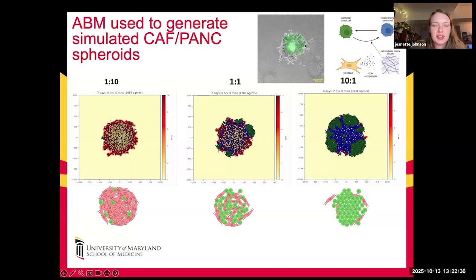It's a little hard to see here, but that's actually what's shown here too. The invading part of this spheroid is all green, no magenta, so there's no fibroblasts in this invading part.